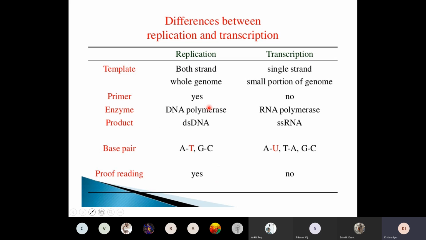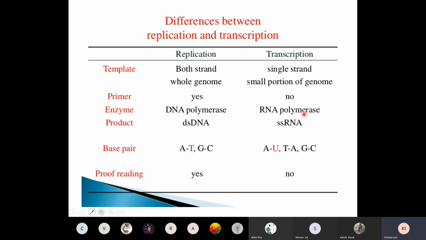Now look at that, and then opposed to that, look at transcription. The transcription is carried out by what are called RNA polymerases, but the more correct name is a DNA dependent RNA polymerase because they require DNA as a template. Now, the product that you get is a single stranded RNA, but this RNA polymerase is very interesting.